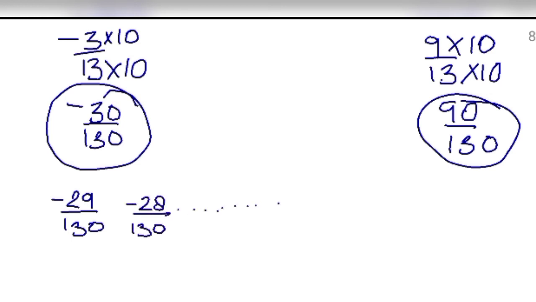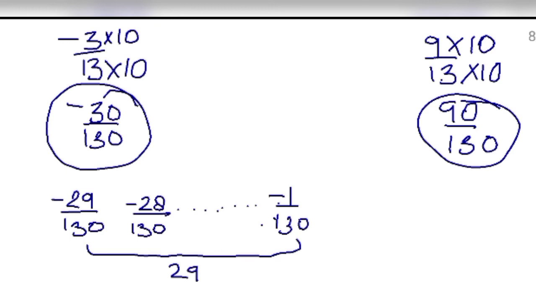Similarly, from minus 29 upon 130 to minus 1 upon 130, how many rational numbers are there? 29 rational numbers.